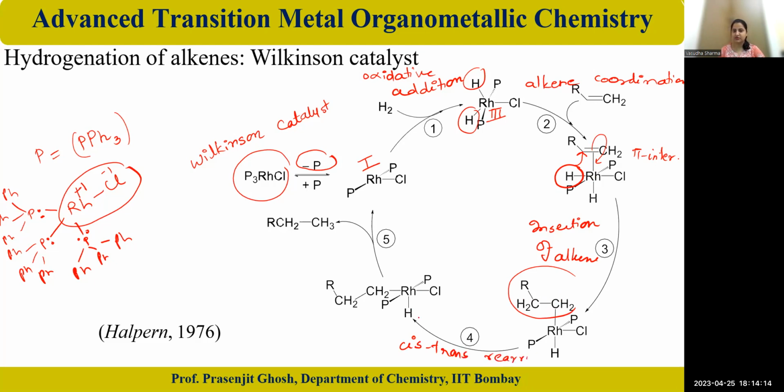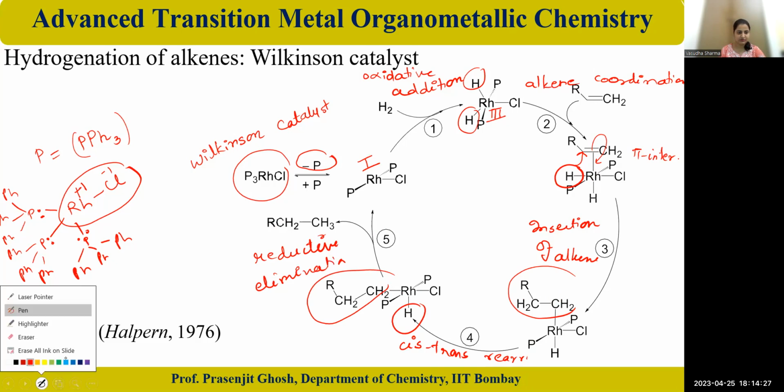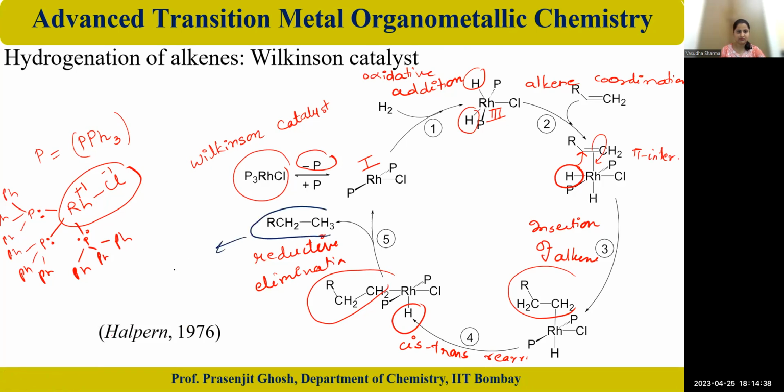Right now it's in trans, now it becomes cis. So these two groups undergo reductive elimination, and we end up having our product. So this is our desired product, which is an alkane.